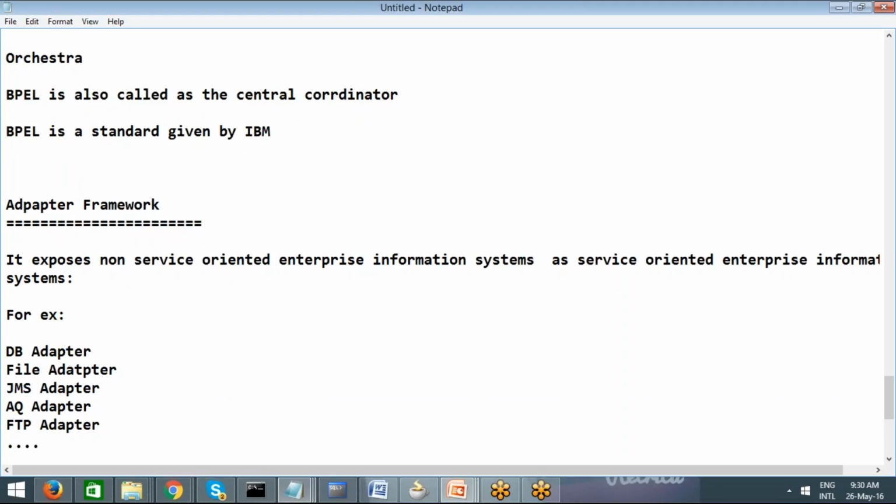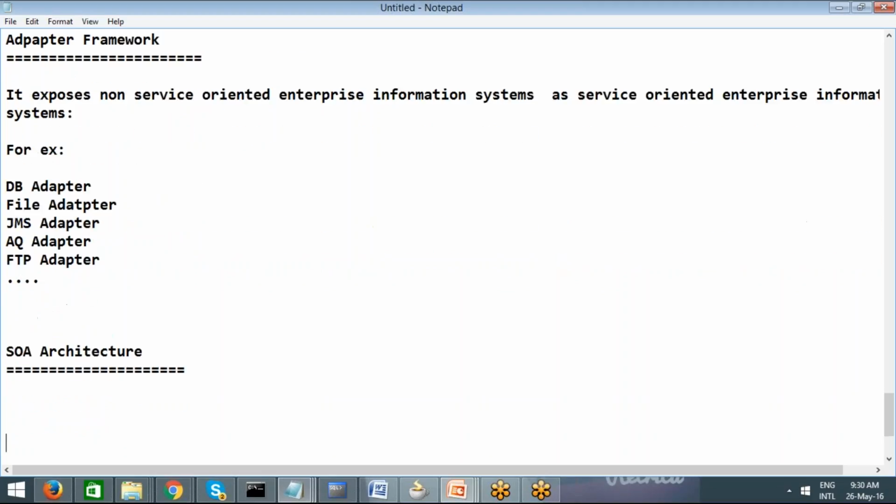Now talking about the SOA architecture. SOA basically has a client server architecture. When we talk about client server architecture, the resource is available at the server level. There is a request which goes from the client, which is processed at the server level, and the response is sent back to the client.